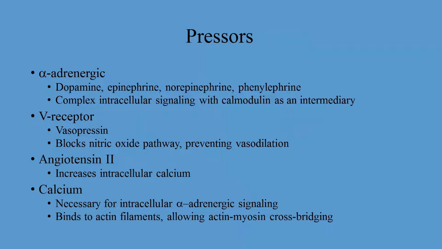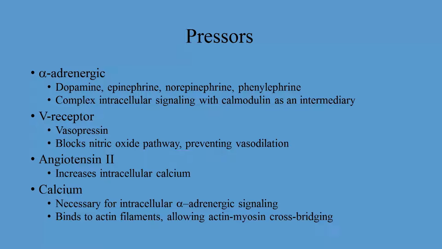The vasopressin receptor, which vasopressin binds to, blocks that cyclic GMP-mediated nitric oxide pathway and prevents vasodilation. Angiotensin II is getting some increased attention these days, with some recent studies showing its potential utility in vasodilatory shock, and its primary mechanism is it increases intracellular calcium.